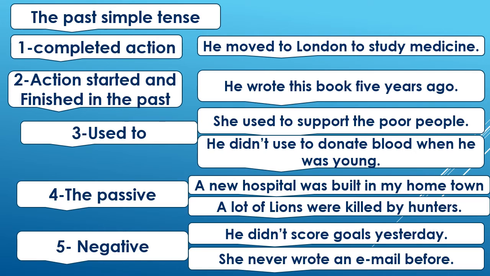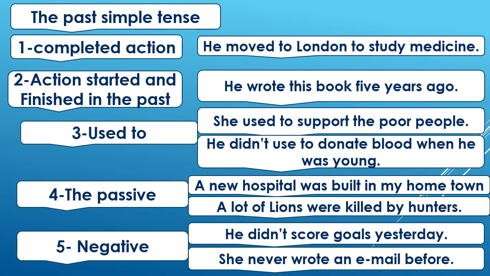He moved, the second verb. The past simple tense is the second verb with regular verbs and irregular verbs. Regular verbs like move, moved. We add d, ed, or ied.